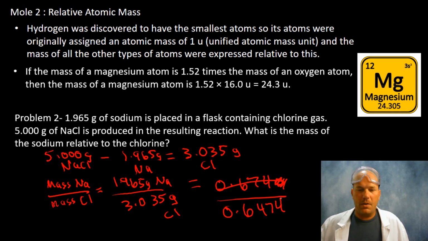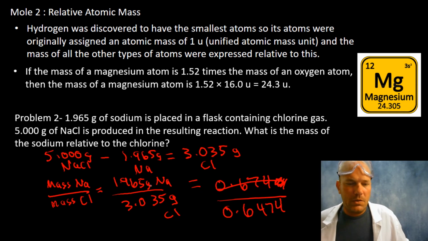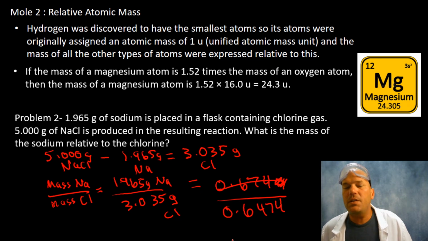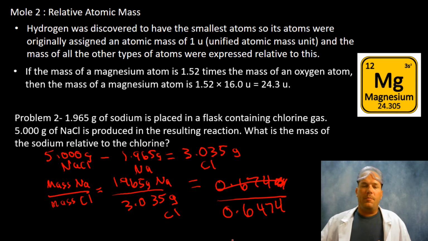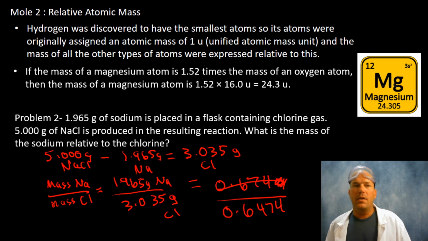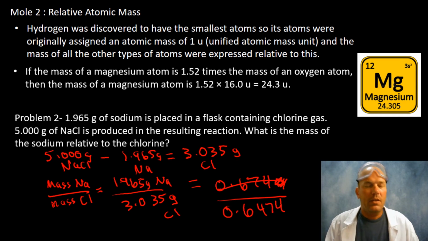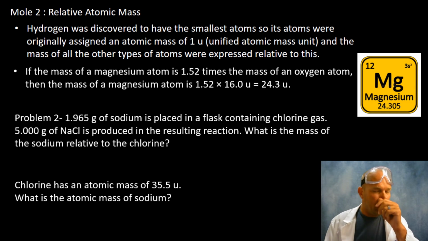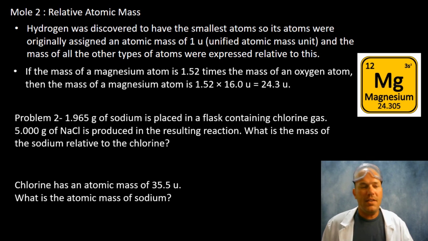I knew something was up there because I should have 4 sig figs, because both of these have 4 sig figs. So 0.6474 as massive as the chlorine. So now let's go ahead and make sure you jot that down if you haven't already. Let's go ahead and find the answer to this.